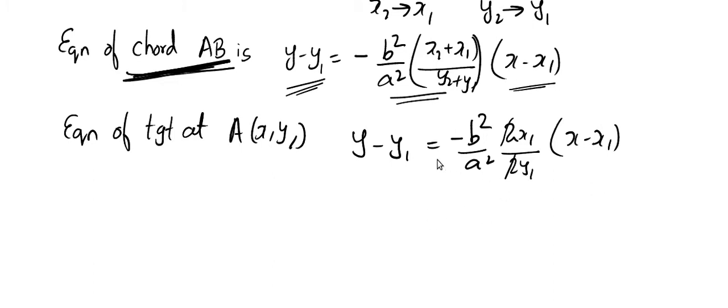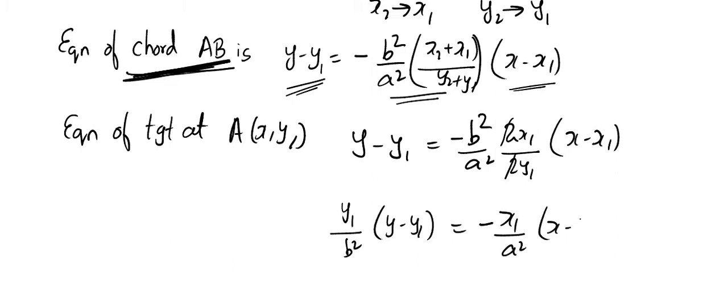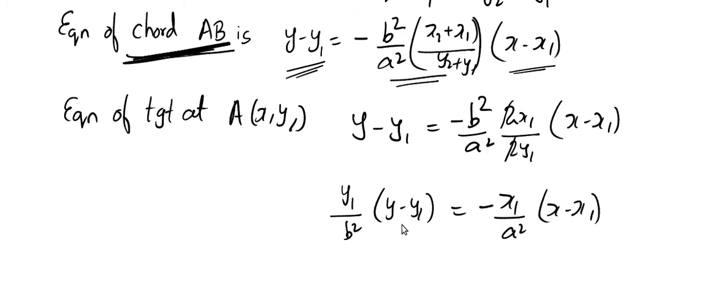And now I'm going to take this y and b, because in ellipse I have noticed that x and a are friends and y and b are friends. So I'm going to use the same logic. So y1 by b square, y minus y1 is equal to minus x1 by a square, x minus x1. Now let's open the brackets.